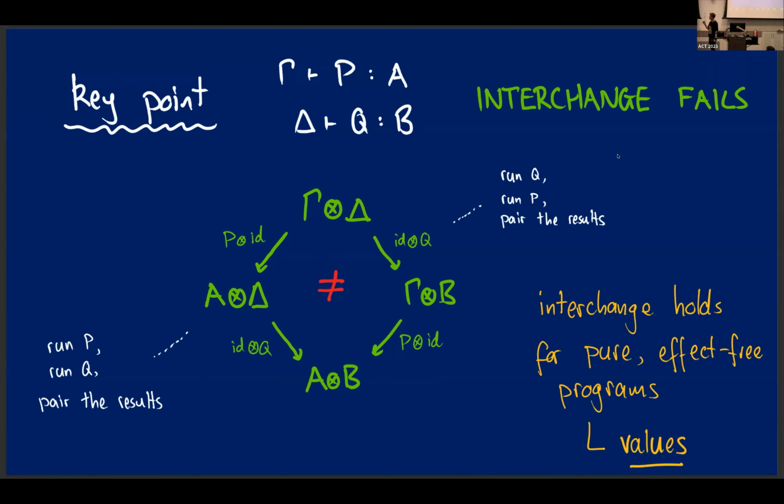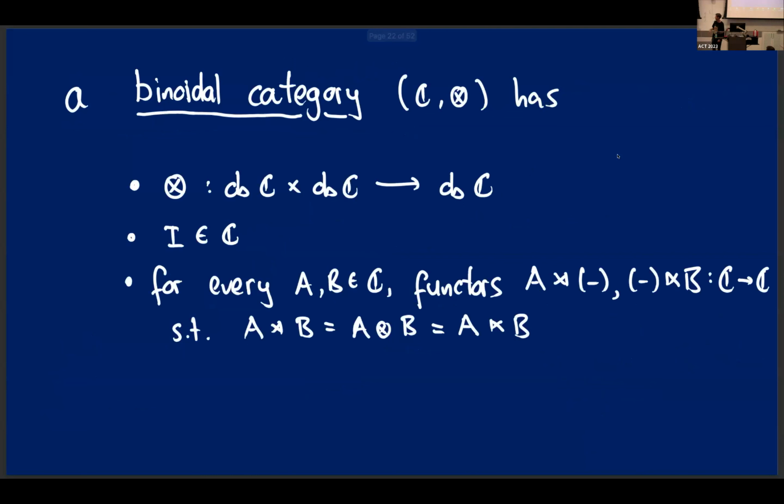We're going to have to build up the definition in stages, because what we want is something that's a bit like a monoidal structure, but it's really only monoidal on the values, and on things that aren't values we're not going to get a monoidal structure. We get something that's a bit weaker. The first part of the definition is what's called a binoidal category. This is a category equipped with a tensor product on objects.